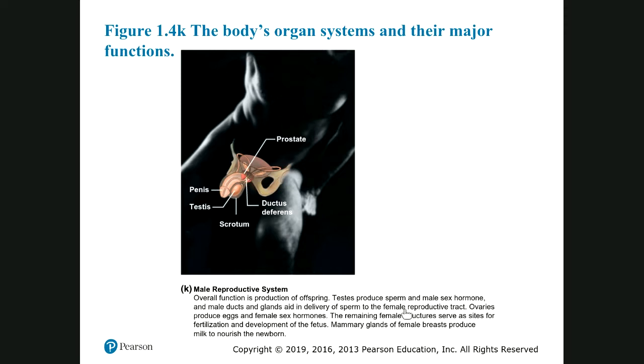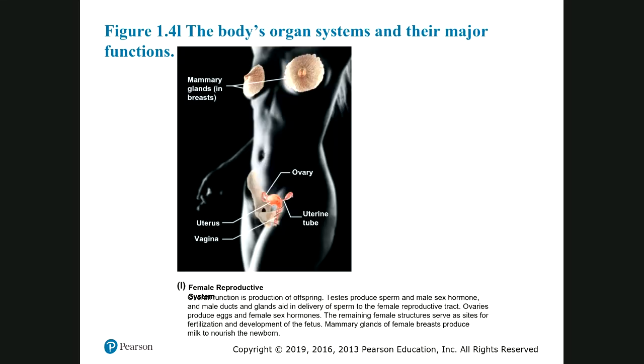They will also produce the male sex hormone testosterone, and also the sperm will travel into the female reproductive system, where it's going to go through the process of fertilization to produce an offspring. The female reproductive system is also going to function to produce offspring.